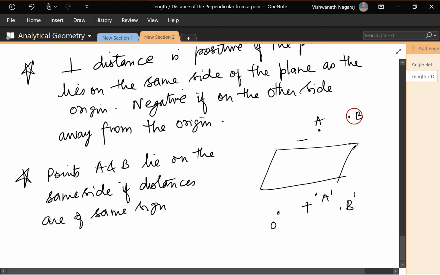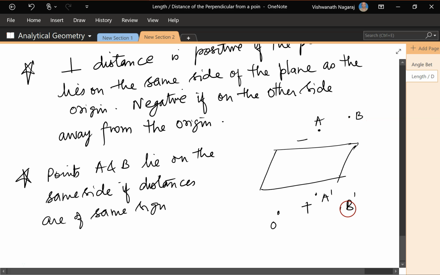So here it means that A and B both lie on the same side, and both of them will be negative, so they are of the same sign, which means they are on the opposite side of the plane with respect to the origin.